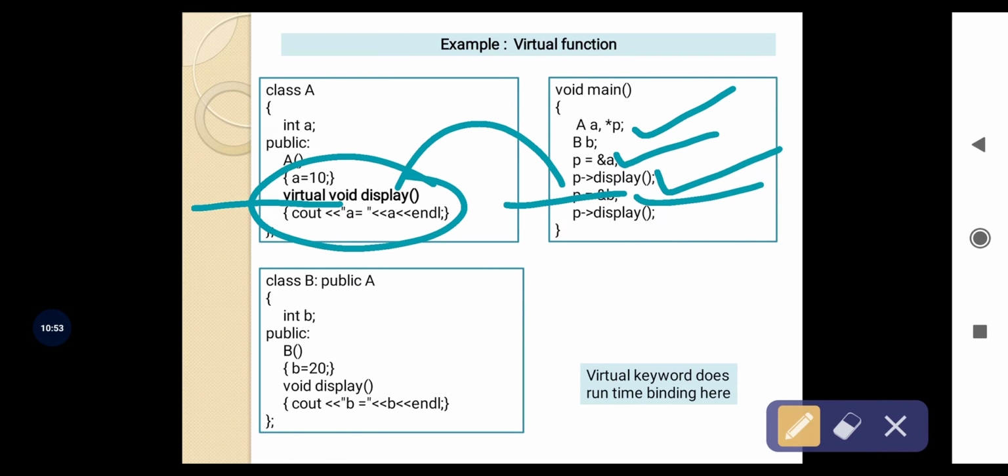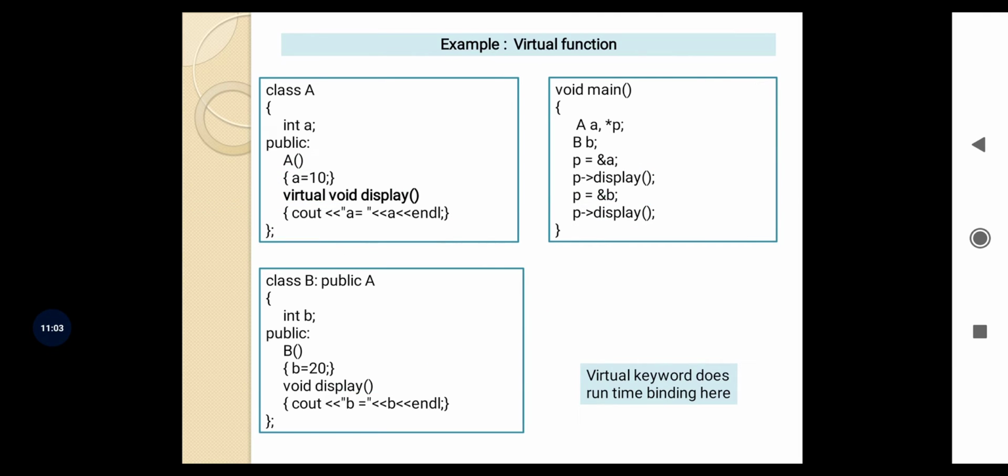And now in this case, when I use display, it is the derived class display which is invoked. Now this is what polymorphism is all about. So in this example, we have invoked polymorphism and we have changed the properties of the derived class pointer by using the virtual keyword.